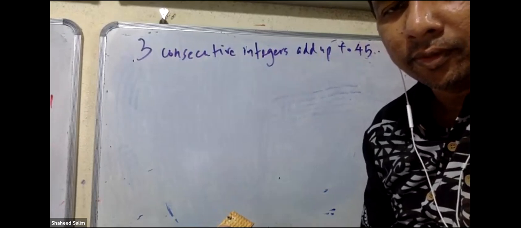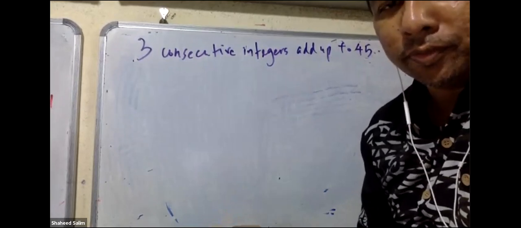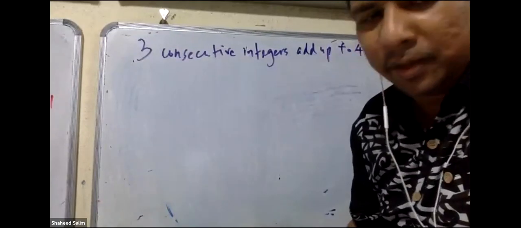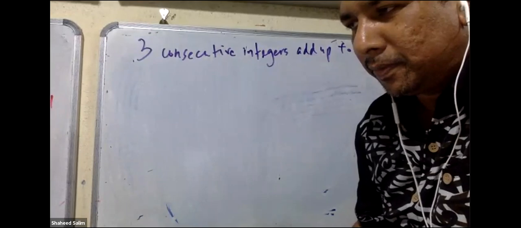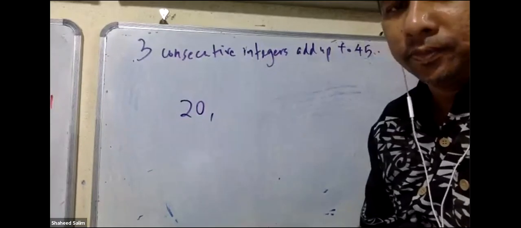I can see confusion behind that frown. Are you confused? Yes. Okay, now you just give me one number. A number. 20. Now, what's the next integer? 21.